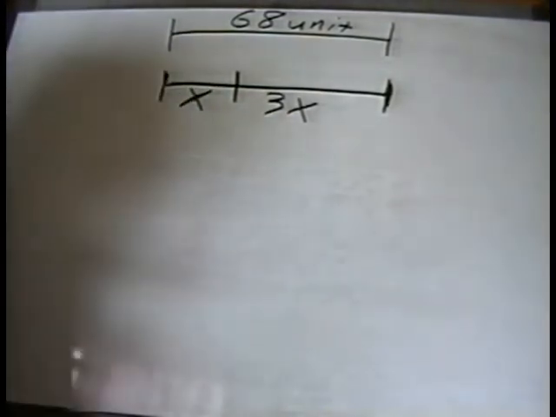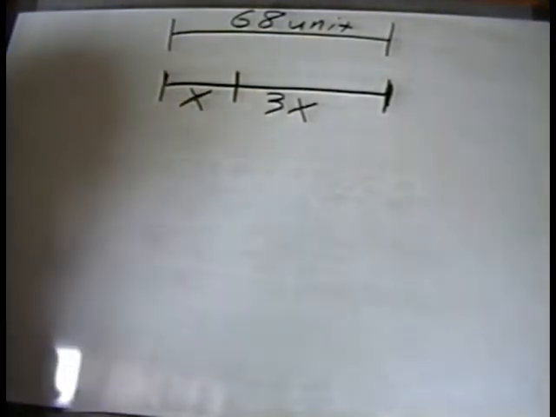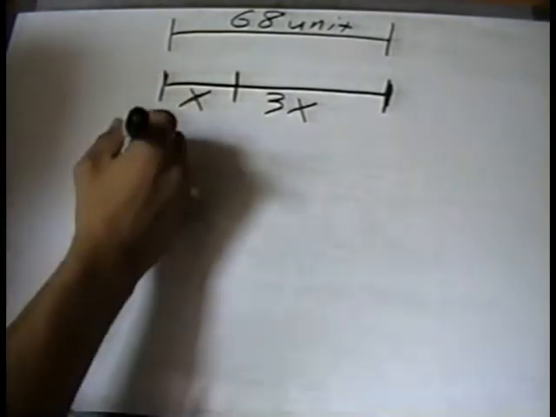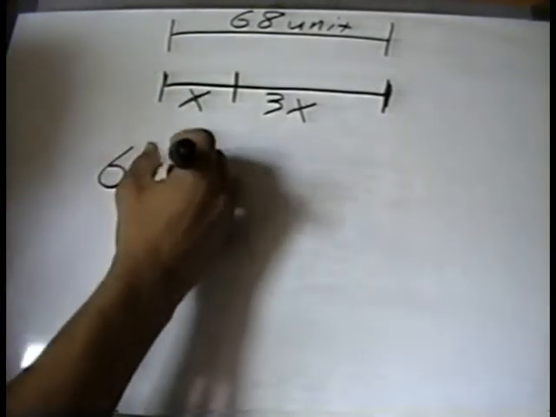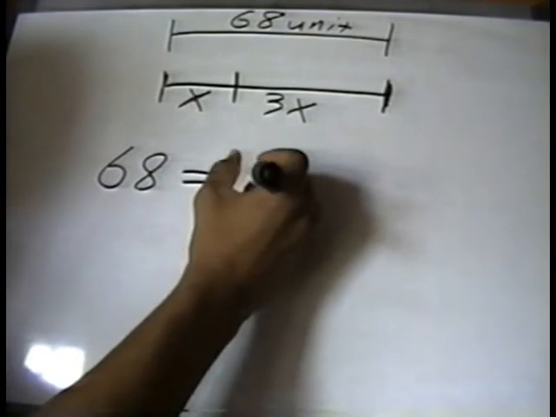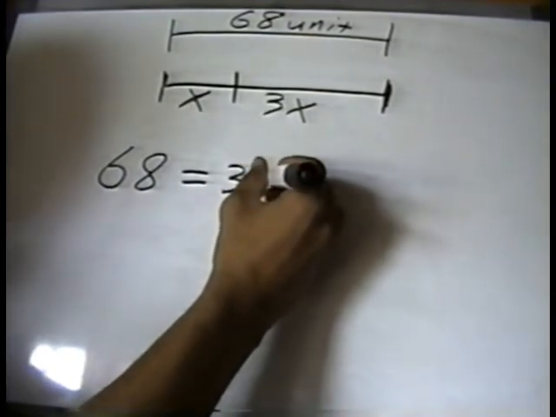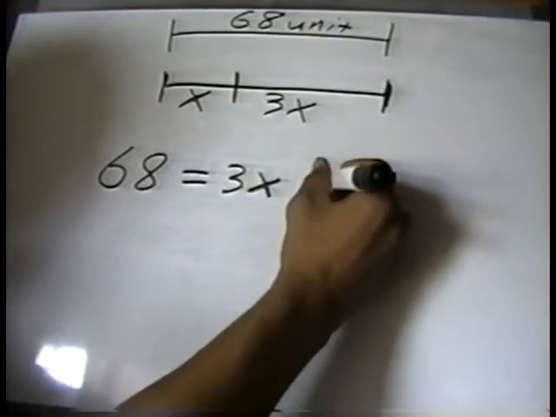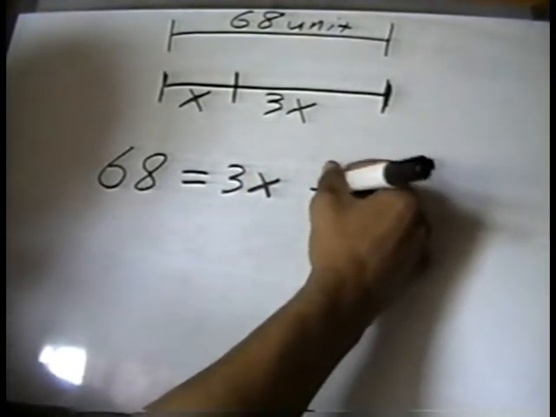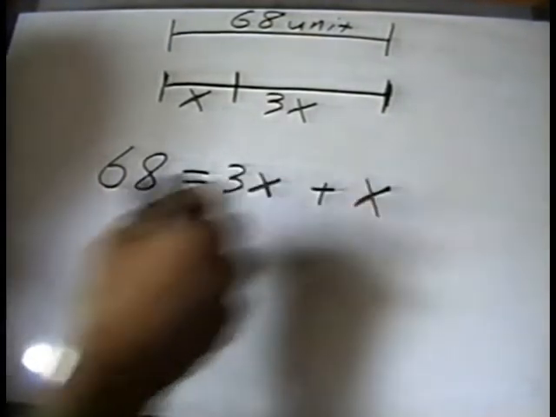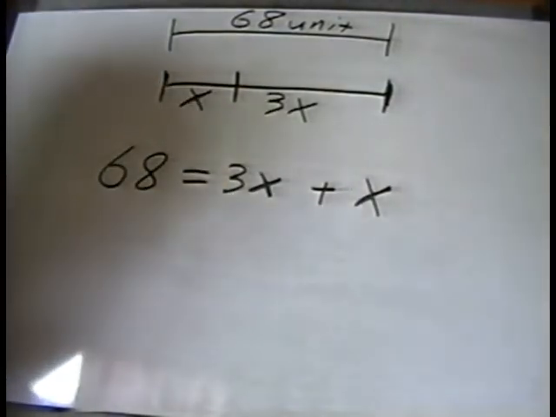Now find the length of the other part. One part is 3 times as long as the other. So that's 3x, or 3 times x, because the other part, the smaller part, is the unknown. And x means the unknown.